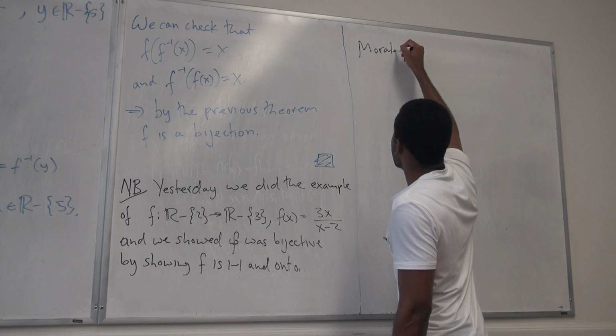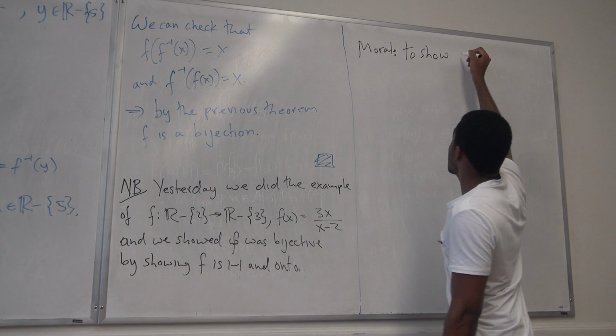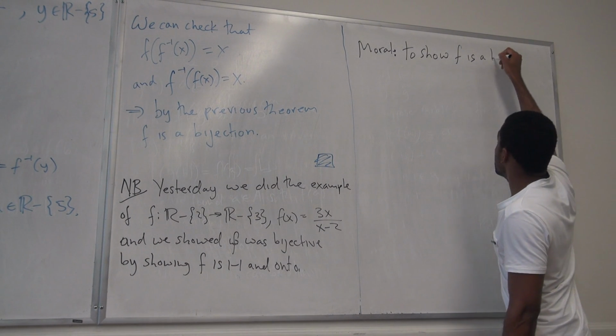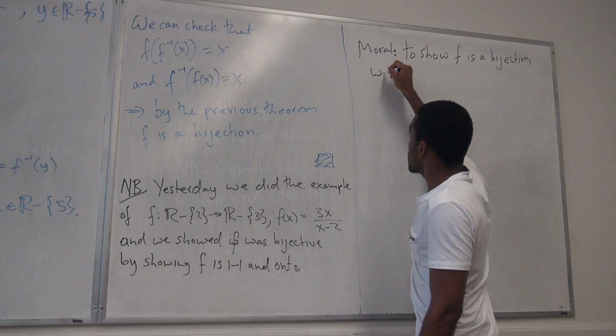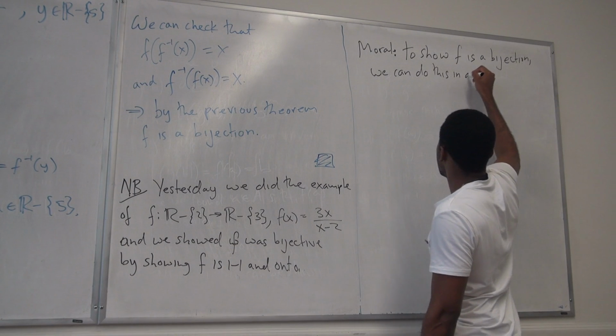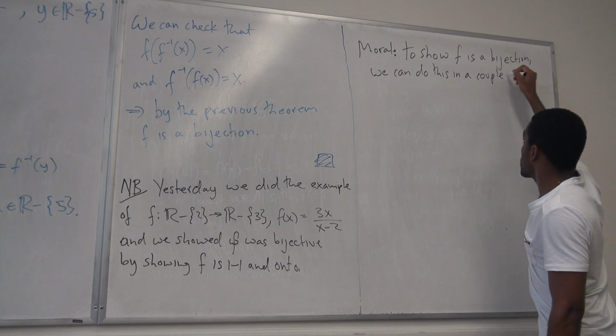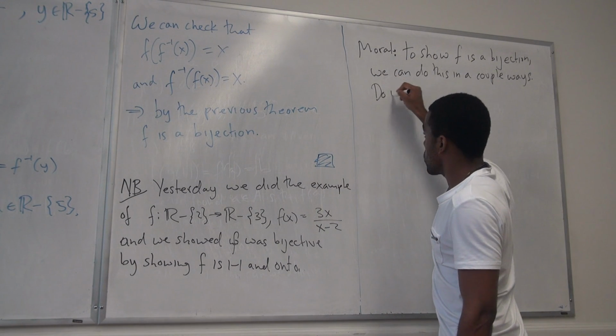The moral of the story is, to show that it is a bijection, you can do this in a couple of ways, and you do whichever one is easier.